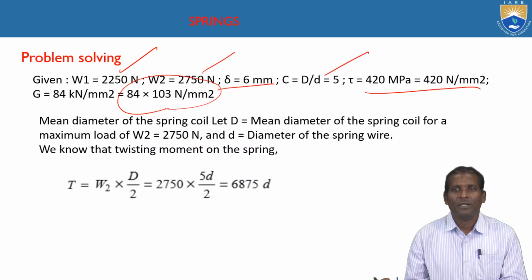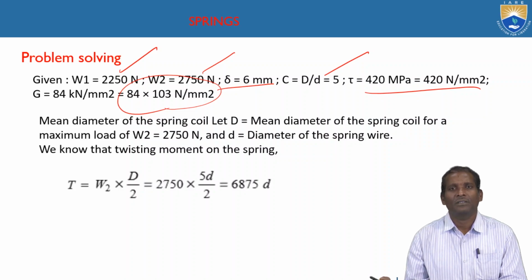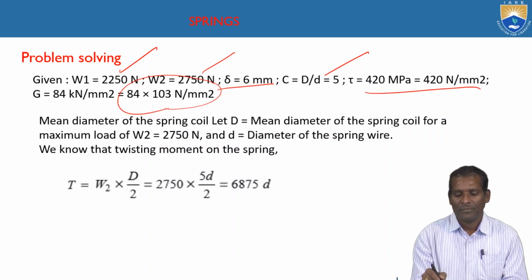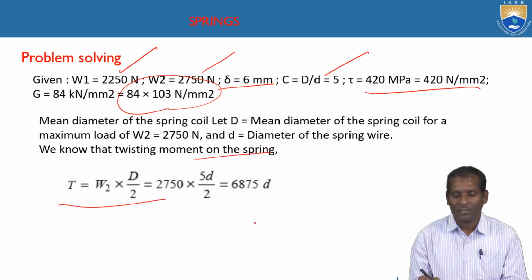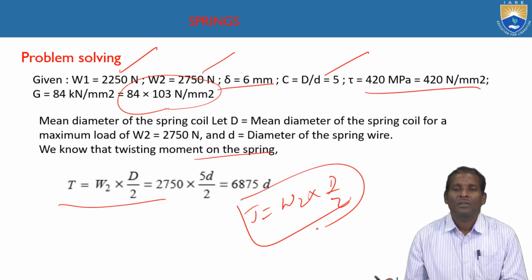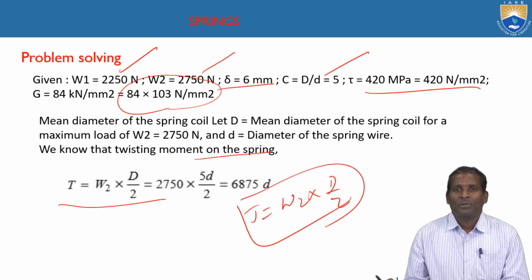So the mean diameter of the spring coil, let us assume capital D, for a maximum load of W2, and the diameter of the spring wire, let us take small d. We know that the twisting moment on the spring is the load multiplied with the radius or distance. So here take the maximum load, W2 into D by 2, with D the mean coil diameter.